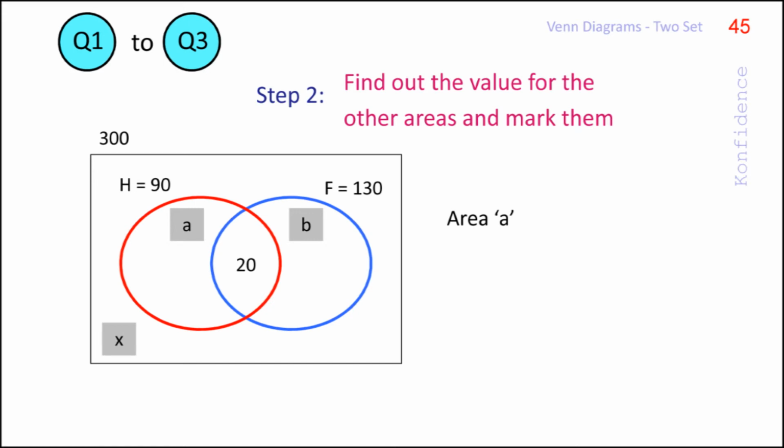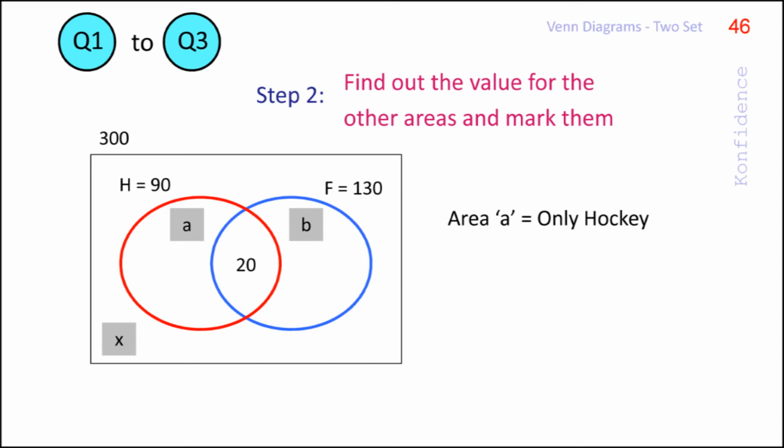Look carefully. A is the part of the oval which does not include the 20 common elements. The students represented by A play only hockey. We know that the total number of students who play hockey is 90.